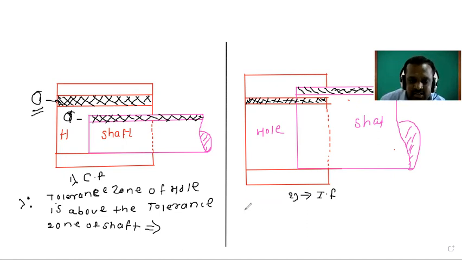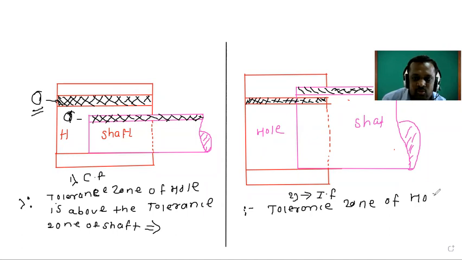And for the interference fit, what is the definition? See now, this is the tolerance zone of the hole and this is the tolerance zone of the shaft.